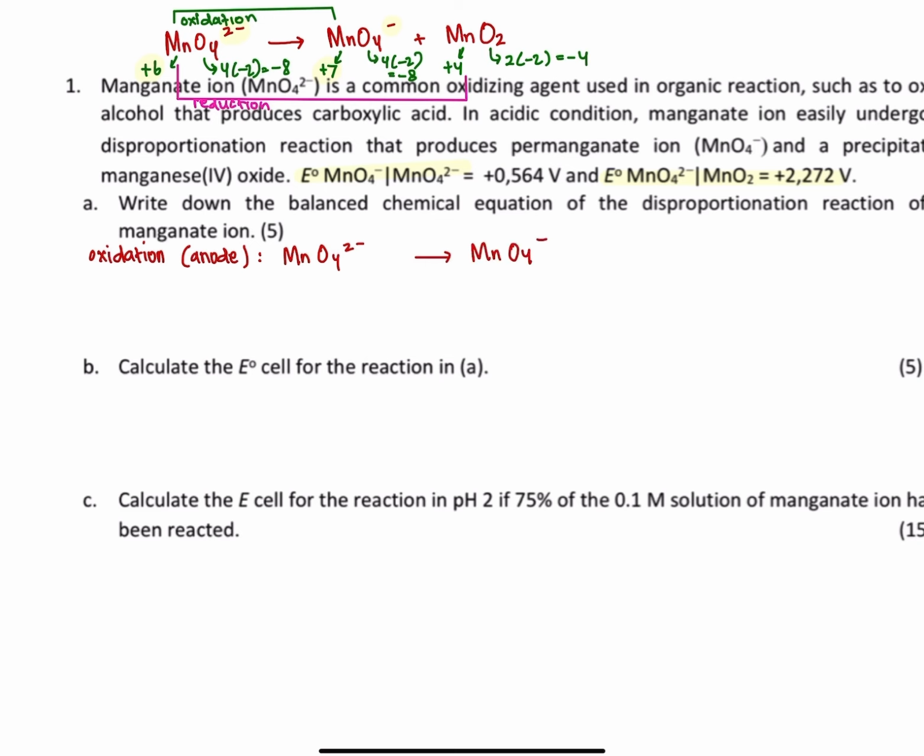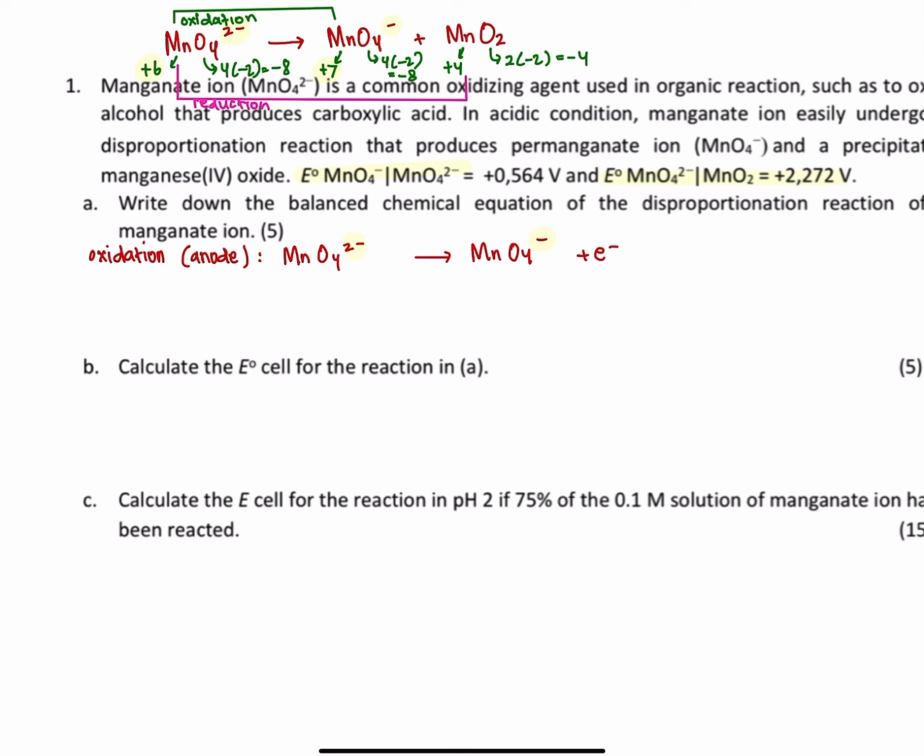We can see that the number of the manganese and the oxygen for both sides are already the same, so we just need to balance the charge. On the left we have -2, and then on the right we have -1. So we add 1 electron over here so that we have -2 for both sides.